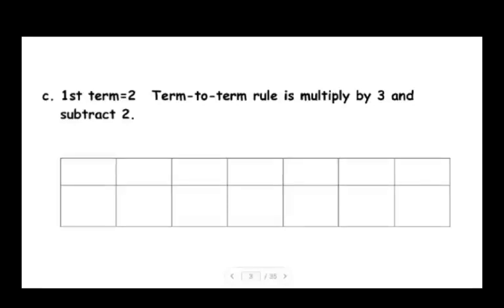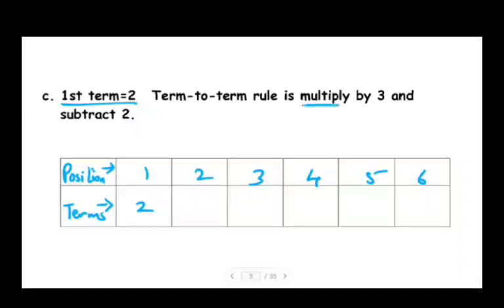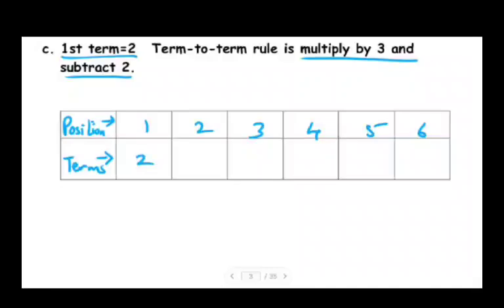Sum 3. Let's write down. This is our position. Here we are going to write our positions: 1, 2, 3, 4, 5, 6. Here we are going to write our terms. First term is 2. What's our term to term rule? Multiply by 3 and subtract by 2.